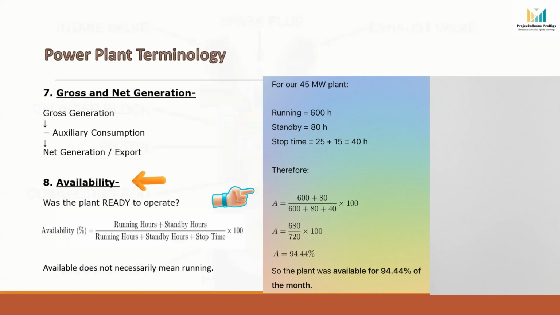So 680 divided by 720 multiplied by 100. So it gives us approximately 94.4%. So even though the plant actually operated for only 600 hours, it was available for 680 hours, because during those additional 80 standby hours, it was still ready to operate.